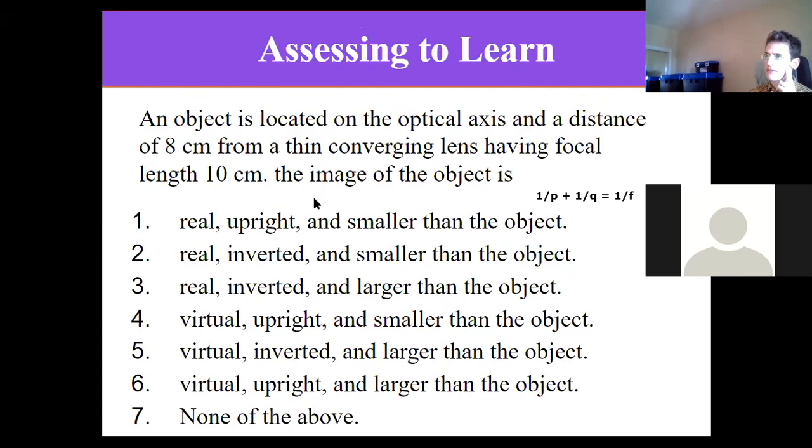But we should be able to do a lens diagram as well. So if we had to draw a lens diagram, you have a lens here, and let me draw an axis through it, a central axis.